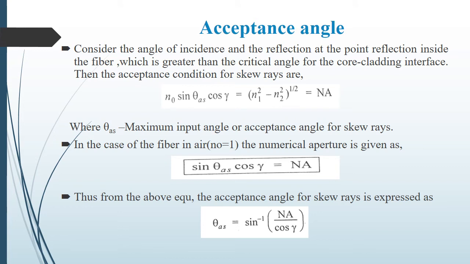Theta as is the maximum input angle or acceptance angle for skew rays. For a fiber in air, n0 is equal to 1, so the numerical aperture is sin theta as cos gamma. From this equation, the acceptance angle for skew rays is expressed as theta as equal to sine inverse of NA by cos gamma.